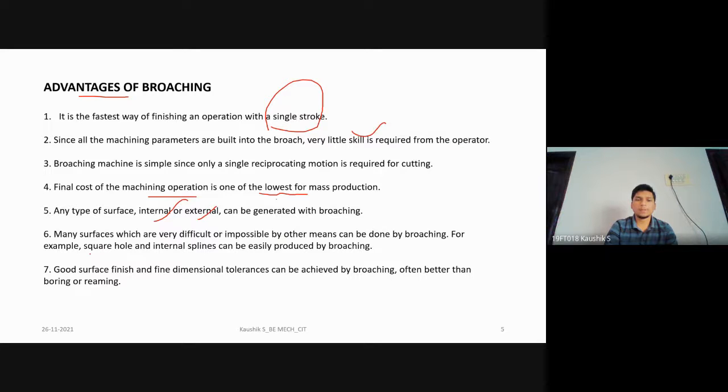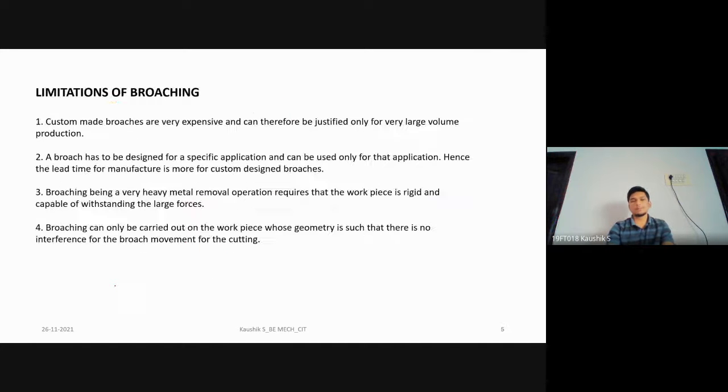For example, making a square hole or internal splines is very difficult using conventional ways. Another advantage is that the machined surfaces have a very good finish and very good dimensional accuracy, so they have very close tolerances to the desired shape. These surfaces are better than those of products formed from boring and reaming operations.